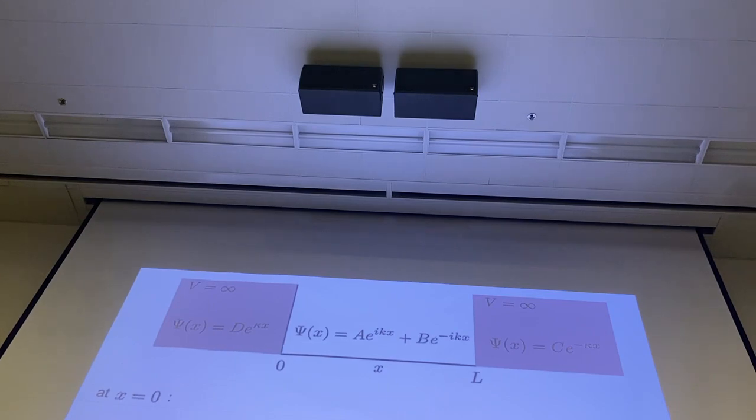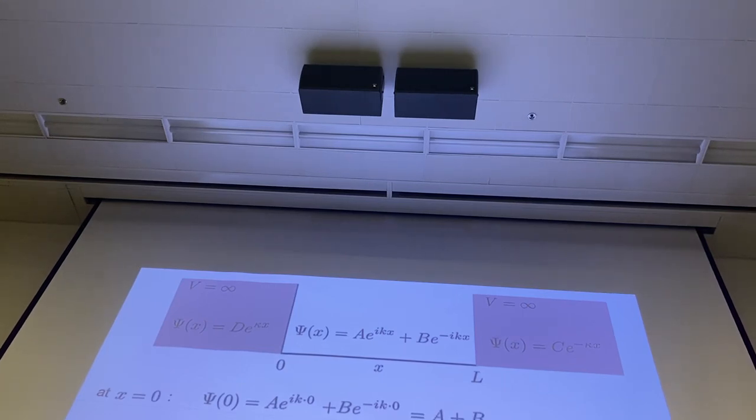Namely, if I look at the point x equals 0, I can tell you that the amplitude of the wave function must be 0. That's what we just concluded. So if I fill in for x the value 0, psi at 0 must be a times the complex exponent at x equals 0, and the same for the b term. Since the complex exponent at 0 equals 1, I simply get a plus b.